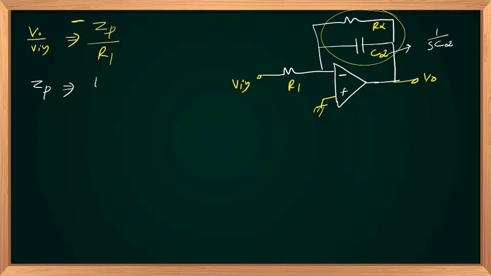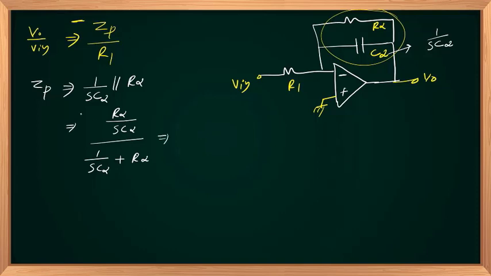So ZP is nothing but 1 by SC2 in parallel with R2. That is R2 multiplied by 1 over SC2, divided by 1 by SC2 plus R2, like R1 R2 divided by R1 plus R2, that is Z1 Z2 divided by Z1 plus Z2.